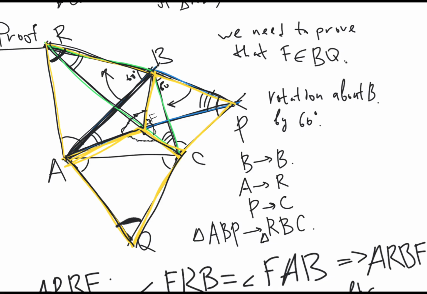So now I will draw this segment, but notice that we don't know if BF and FQ are on the same line. Let me deliberately draw it so that it would not look like they are on the same line, something like this.